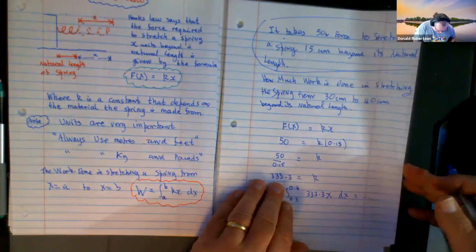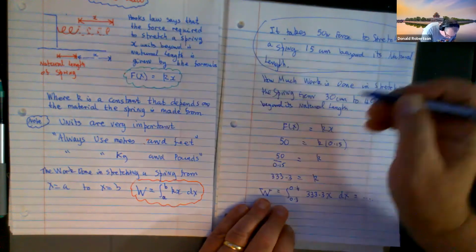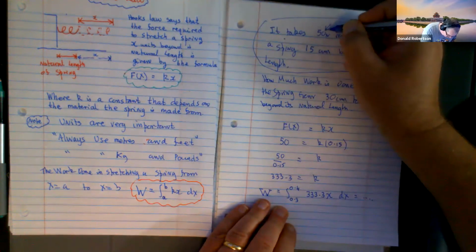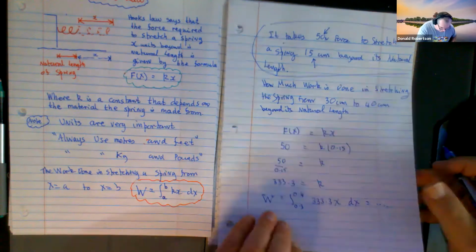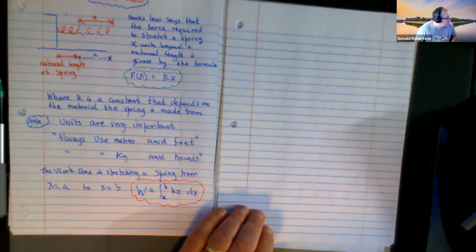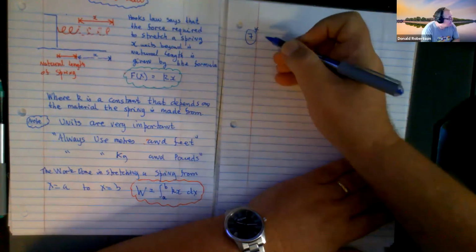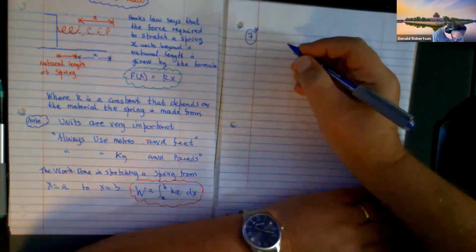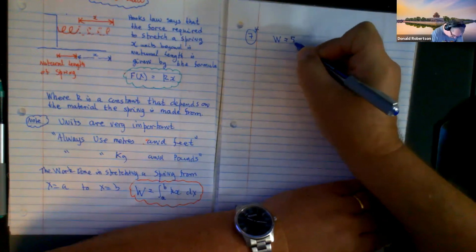Now, in the 2 questions that I've given, we found K because they told us the force and the distance that it's moved. But there are other situations where that's not quite how it works. So here is question 7. Suppose it takes you 5 joules of work. So you're told the work.